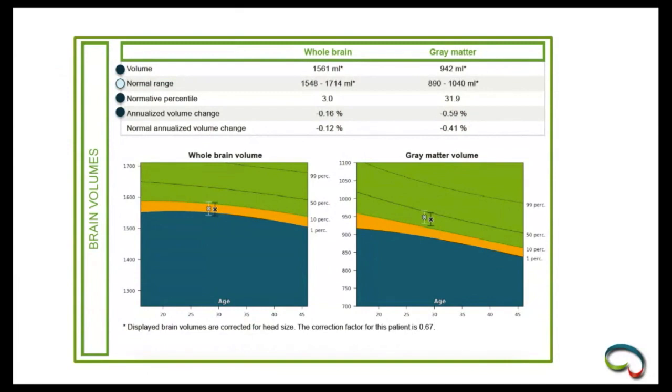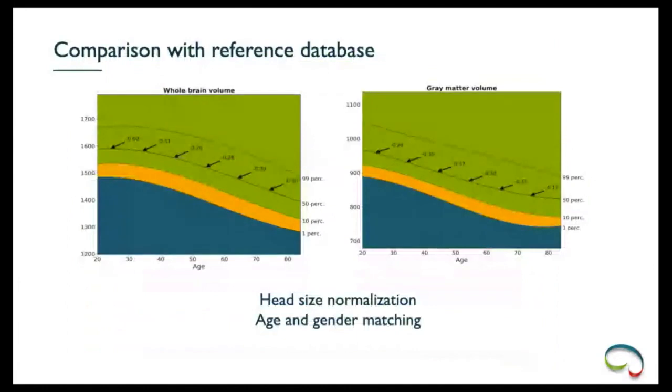measuring the brain atrophy. And we do that in an annualized way, so that allows us to more easily compare the values with values in a normative reference database, which we also show as a last row in the report. Focusing on this last, we compare the values with a normative reference, and as already mentioned by Professor Rovira, it's important to do head size normalization and to do a matching for age and gender.